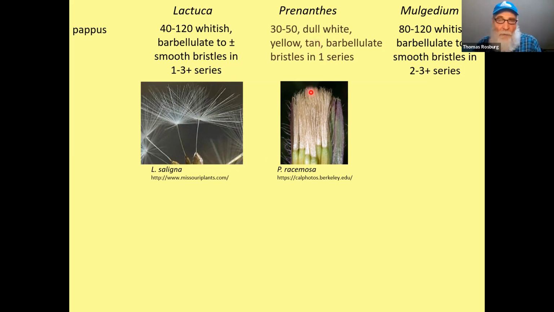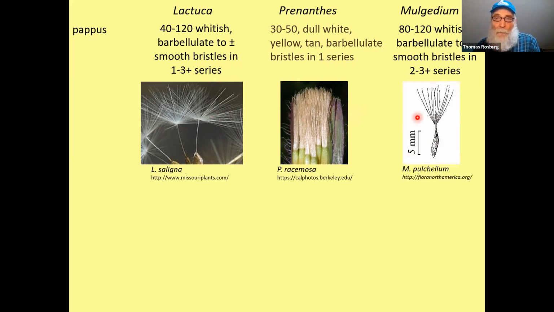They're not pure clean white. Lactuca are clean white, and also Mogideum are clean white. I couldn't find a good picture here, so I had to use this sketch from Flora of North America. But so the difference in color, again, Lactuca and Mogideum are pretty similar in terms of what the color of the pappus is, but Prenanthes again stands out as quite different.